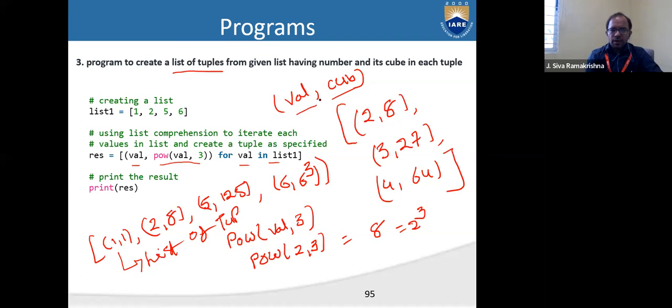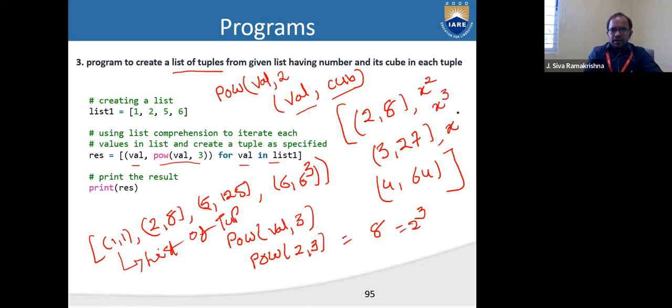Similarly, if you want to square, what is the simple modification? You need to use the function called power. Here you need to insert the value to which you want to find the power. It may be a square or a cube or 4 or power n, whatever you want. If x is a value, if you want to find the power 2, you can find x square, x cube.